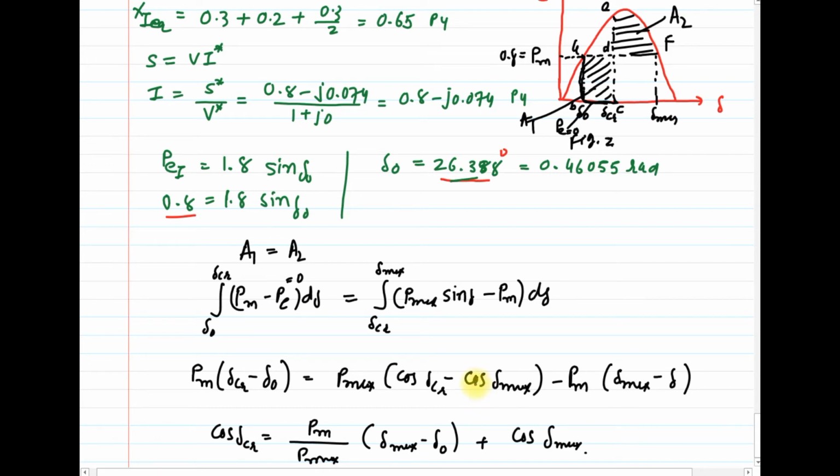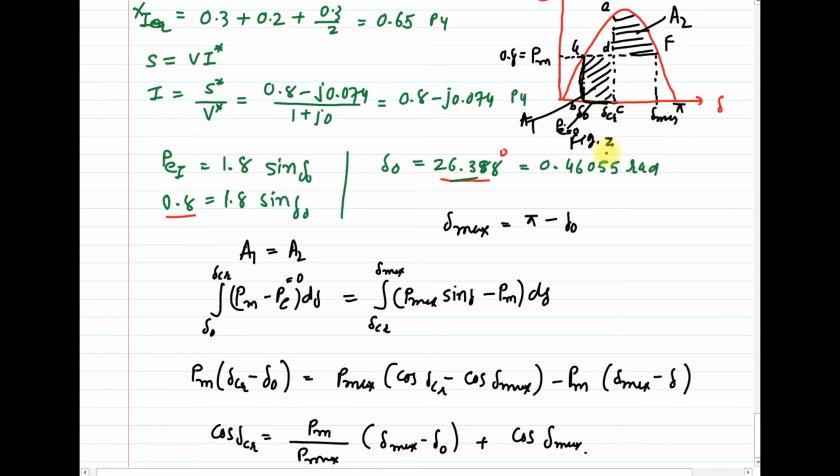So just substitute, but before that you need to calculate the delta max. From this figure number 2, just understand the value of delta max. You can write delta max is equal to pi minus delta 0.